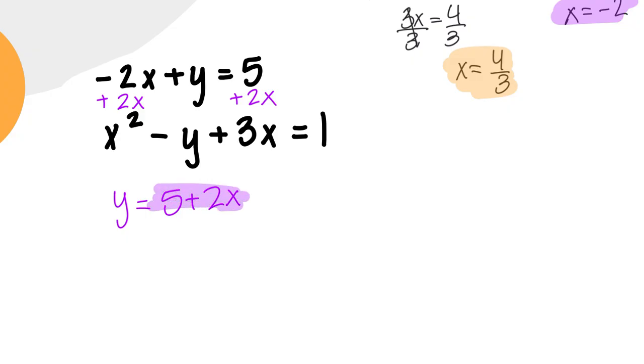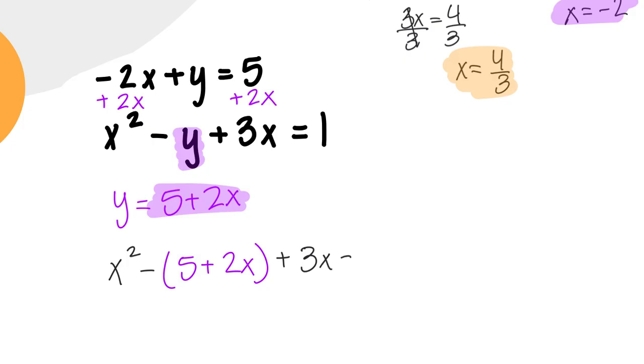And looking at it, I'm going to take that and plug it in. So taking this, plugging it into my y, and now I'm going to end up with x. I'll write it in black. I have x squared minus, in parentheses, 5 plus 2x, plus 3x equals 1.